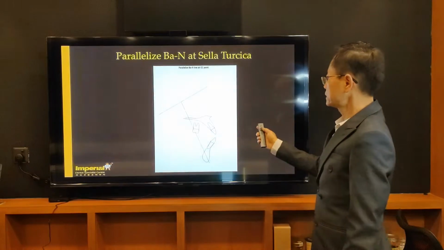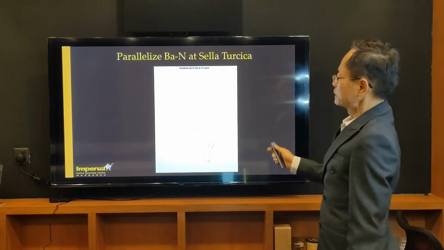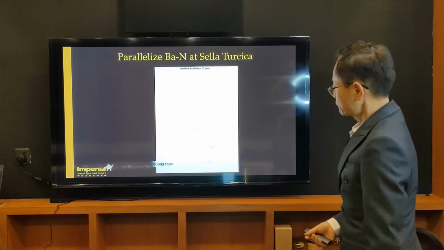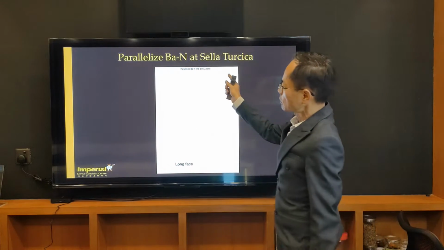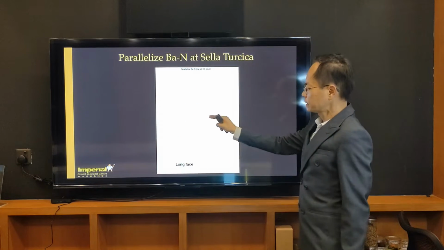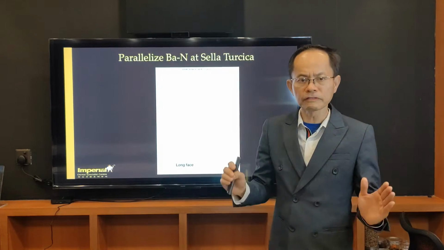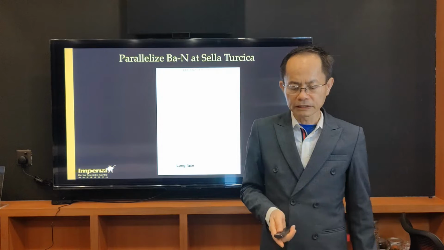With these figures, we are able to analyze first of all the overall impression, that is whether this face is a long face, mesofacial, or a short face. What is our definition of a long face?